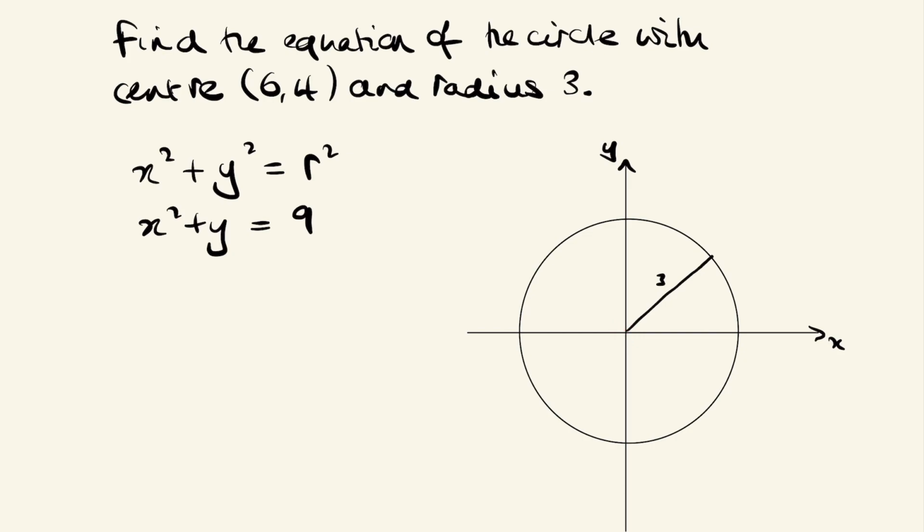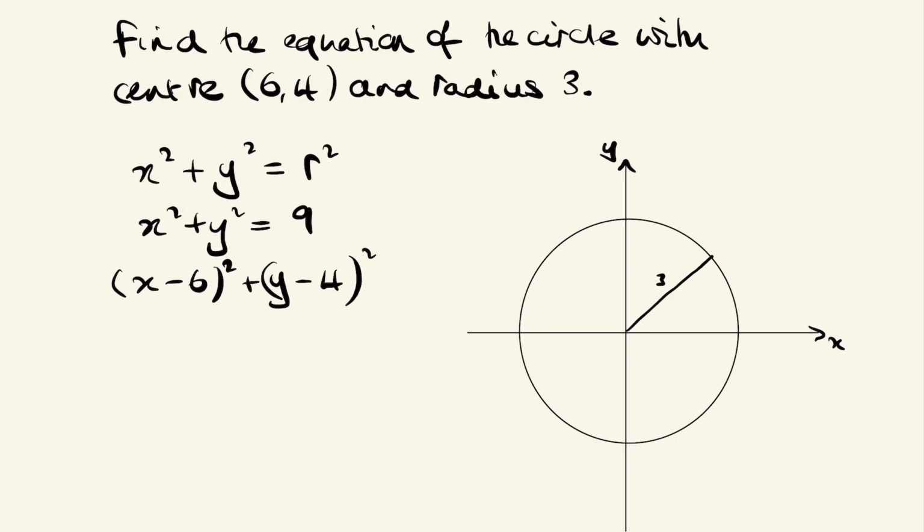Now if it's not centered at the origin and we've got the coordinate where we need the centering to be, well, all we need to do, and I will explain this, is reverse these signs and write this. So we'd say x minus 6, so I've taken the positive 6 here, I reversed its sign for the x coordinate and put that in a bracket and squared it, plus y minus 4 all squared.